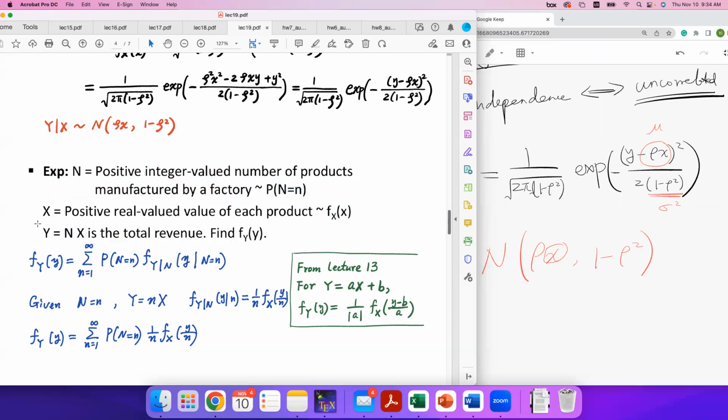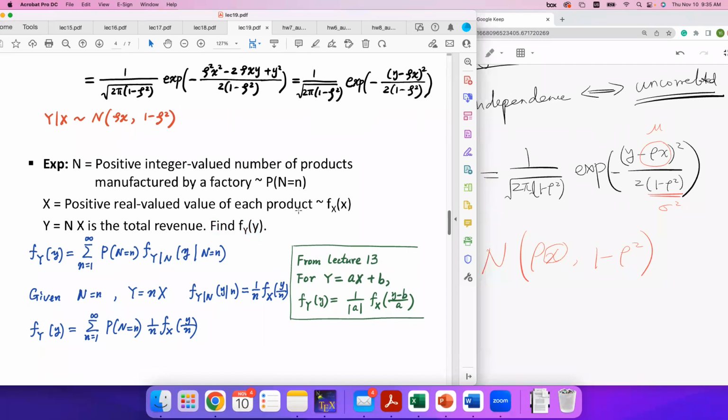In this case, the total revenue is simply capital N times the value of each product, so it's capital N times X. And we want to find the marginal distribution of the total revenue.